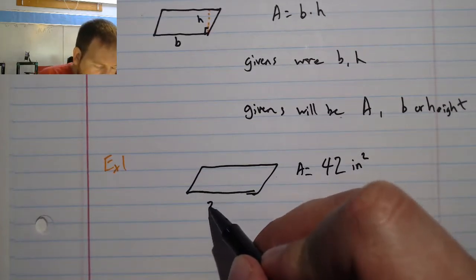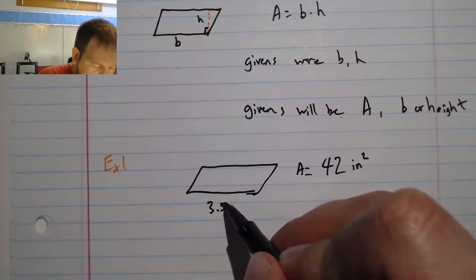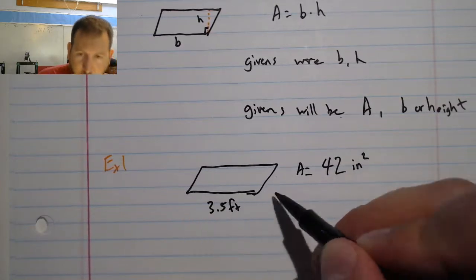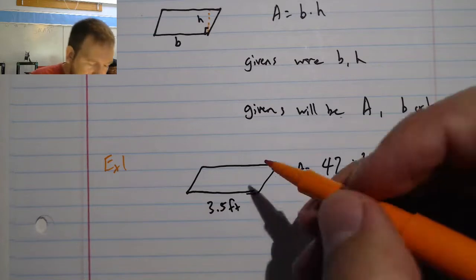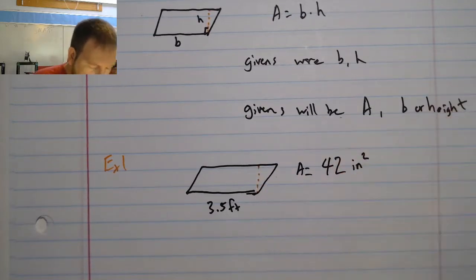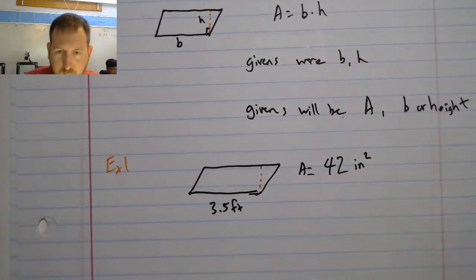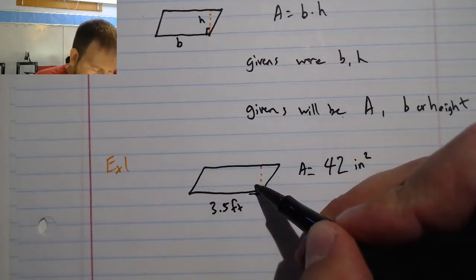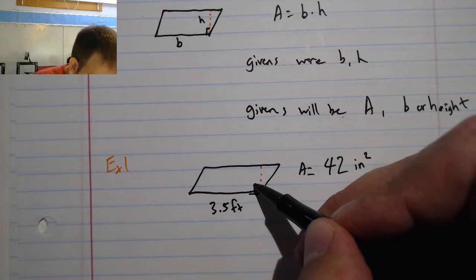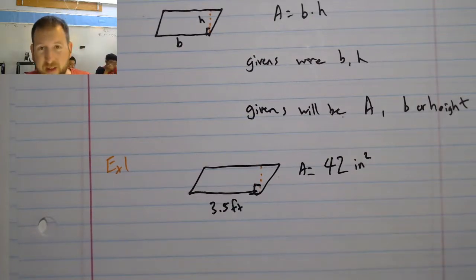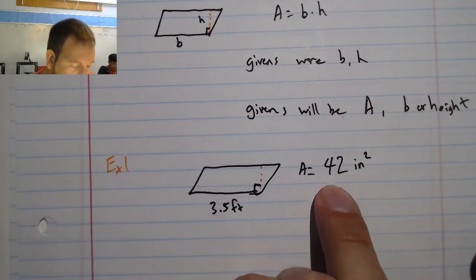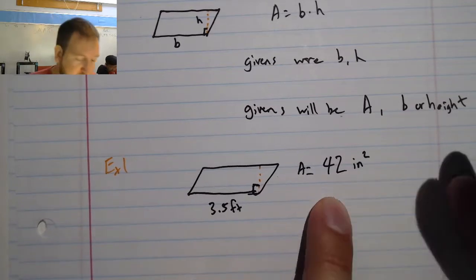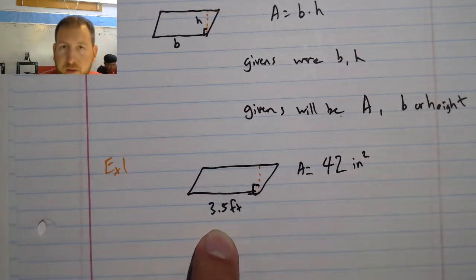It is 3.5 feet wide. And what we want to know is how high it is. Okay, this one does have a little bit of a hidden step. Notice that our units are different. So the first thing that I'm going to do is turn this into inches.